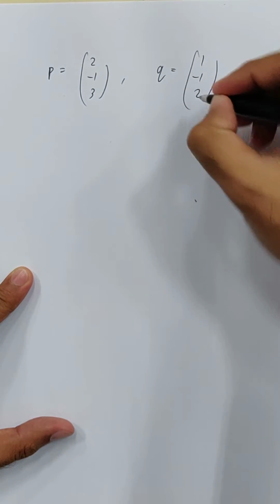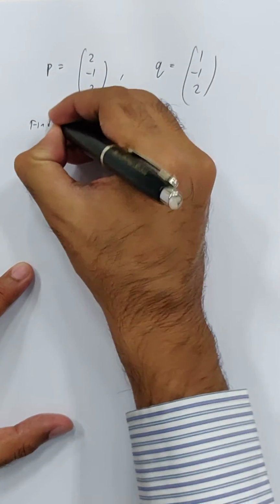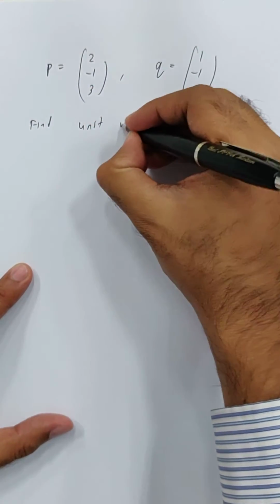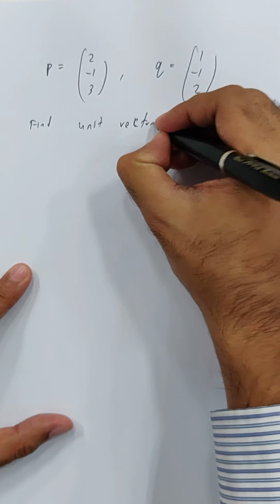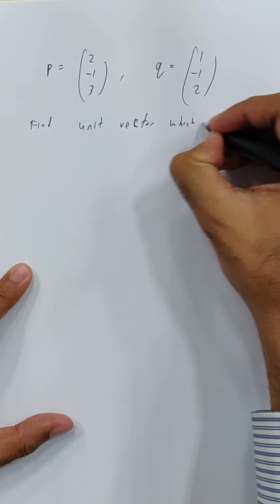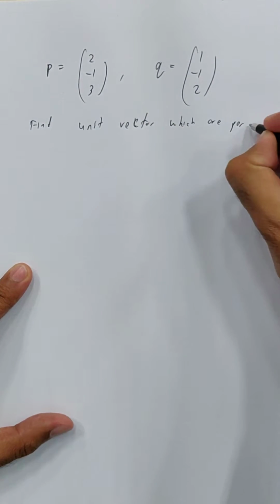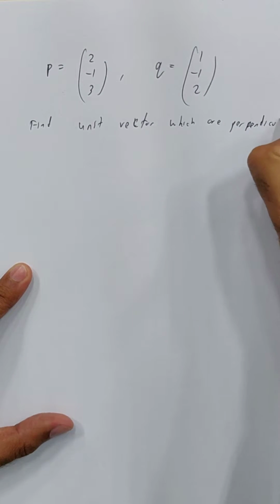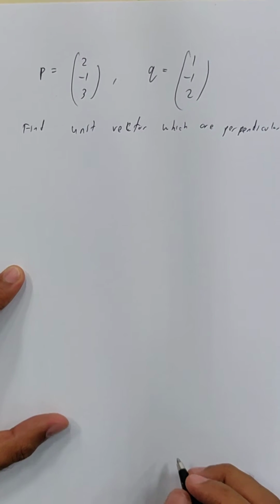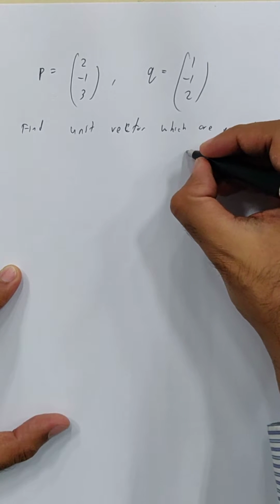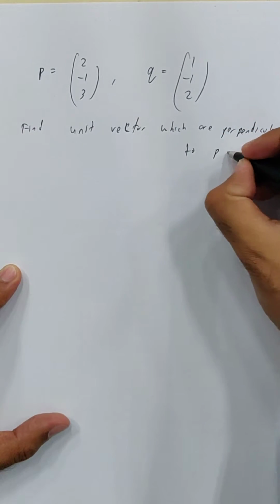Okay, this is annoying exam questions. And they said find unit vector which are perpendicular to P and Q.